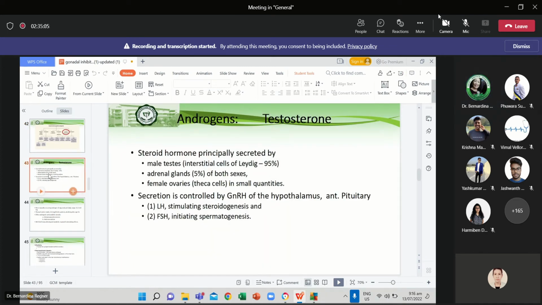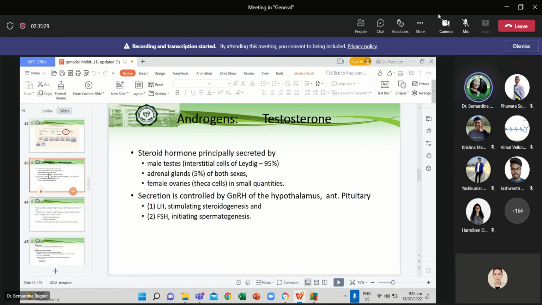Okay. Testosterone is an androgen. This is principally secreted by the male testes, specifically your interstitial cells of Leydig. Can you still remember this in your histology? So 95% is secreted by the interstitial cells of Leydig.